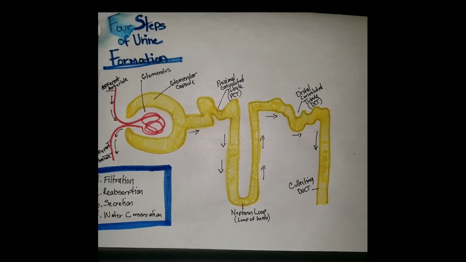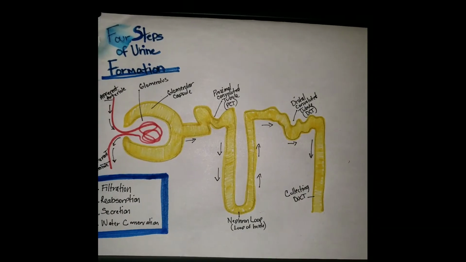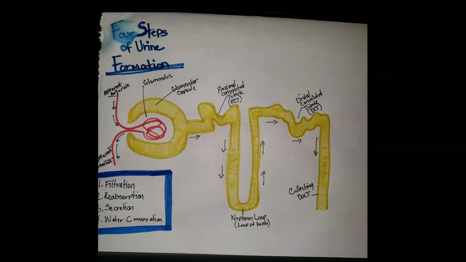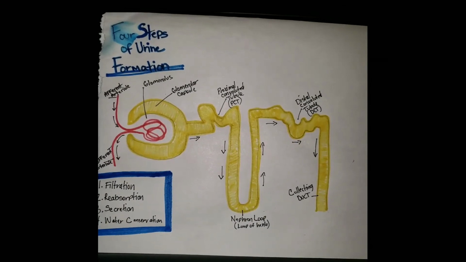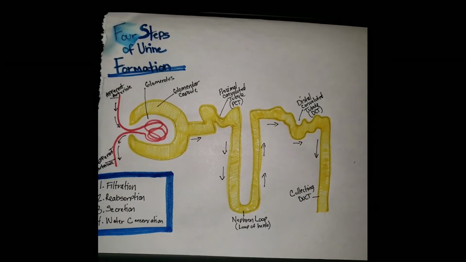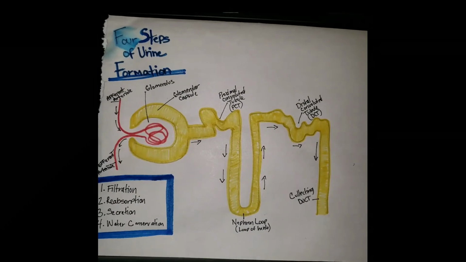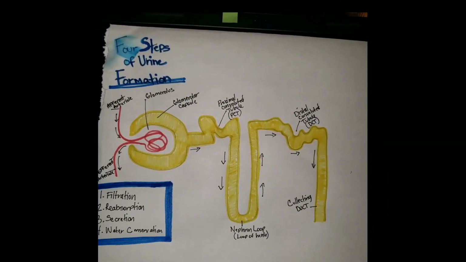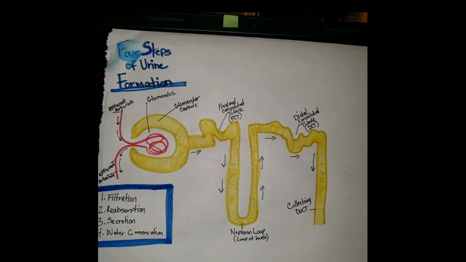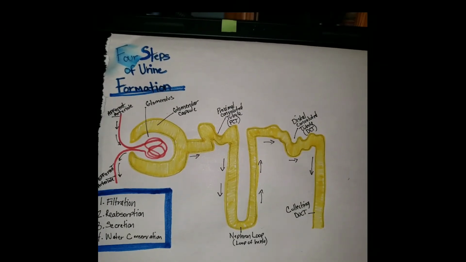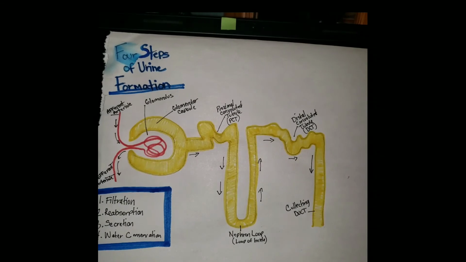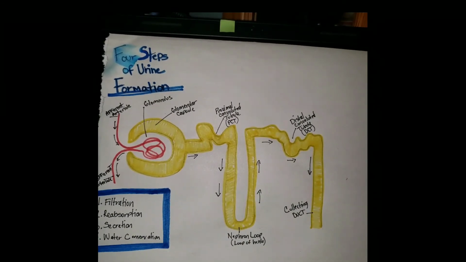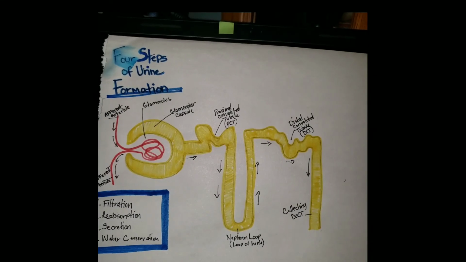In the DCT and the collecting duct, if there is a presence of a hormone called antidiuretic hormone, which is the ADH hormone, then it knows that the body needs to reabsorb some more water from the filtrate before it's passed through to the urethra. So this will help with dehydration. But if we have enough water, then the extra water will be let out through the urine.